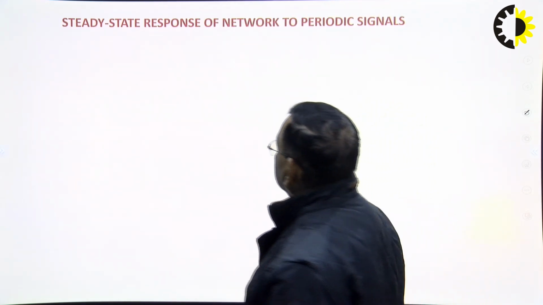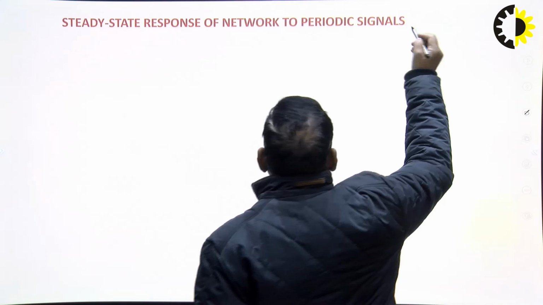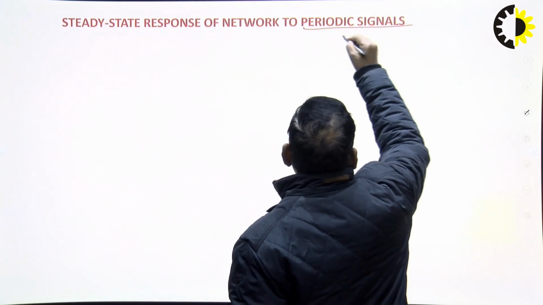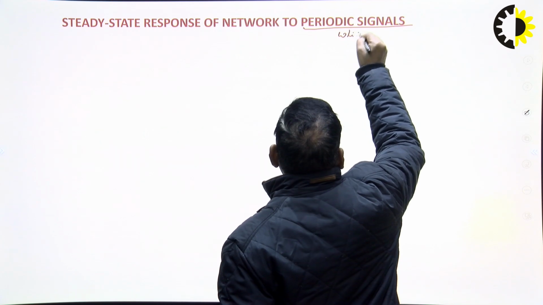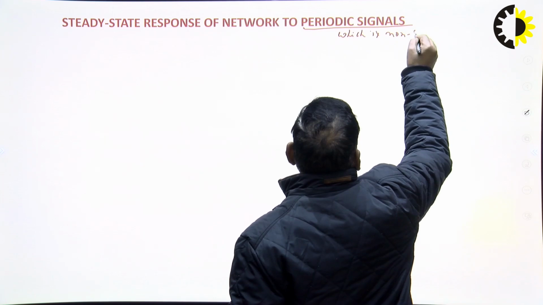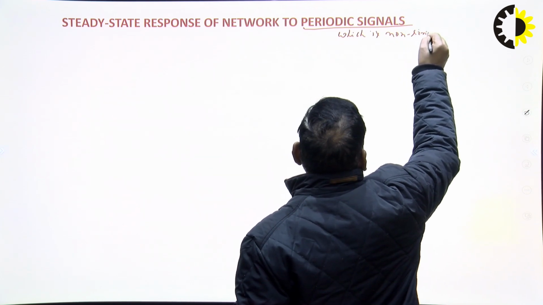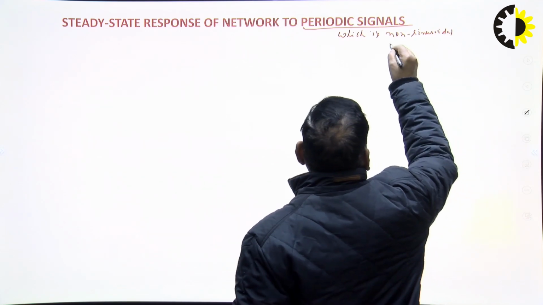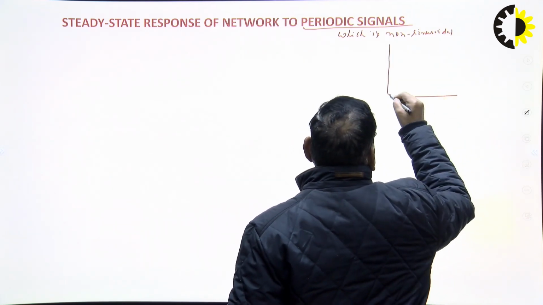The title is steady state response of a network to periodic signal, which is non-sinusoidal. We can have any type. Suppose we have this wave shape.